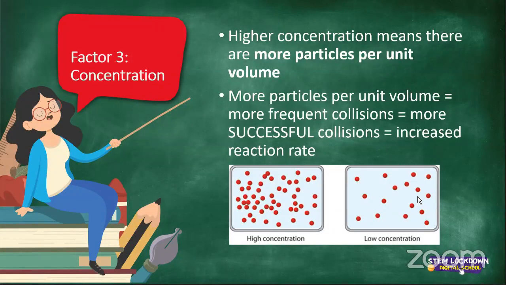This is the same concept. When you've got a high concentration, it means you've got lots of particles in the same volume, which means they're going to bump into each other more frequently. And when they bump into each other more frequently, they are going to have more successful collisions.